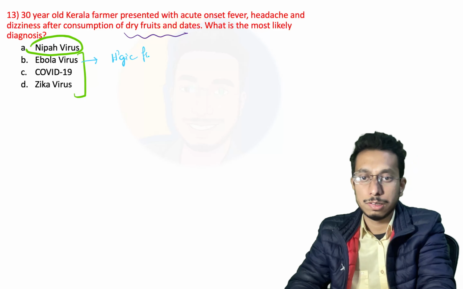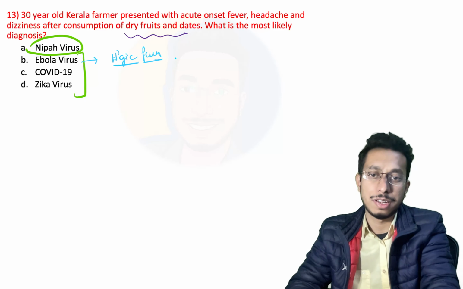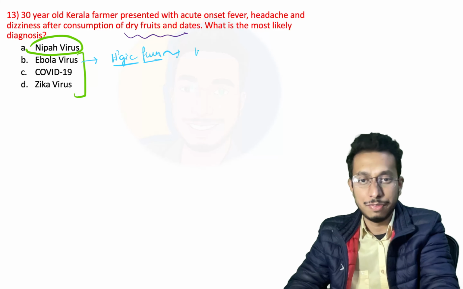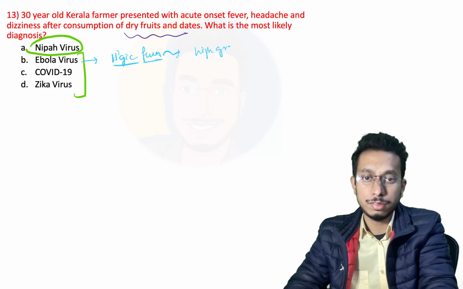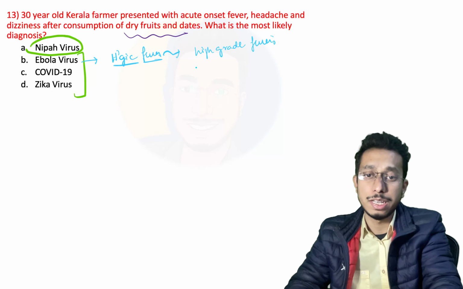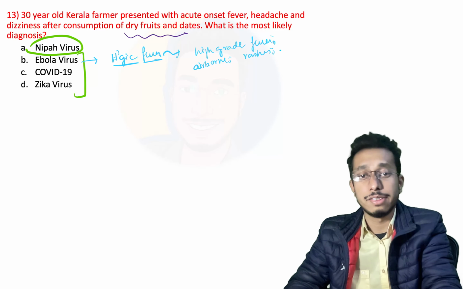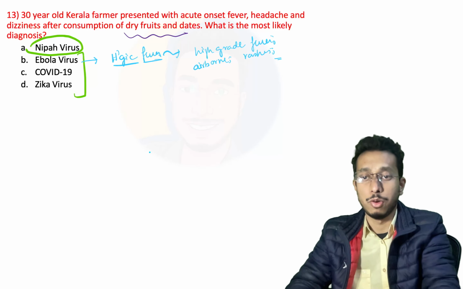So Ebola hemorrhagic fever presentation is almost similar to that, but along with very high grade fever, and often transmitted, airborne, associated with rashes and decrease in the blood counts due to the hemorrhage.